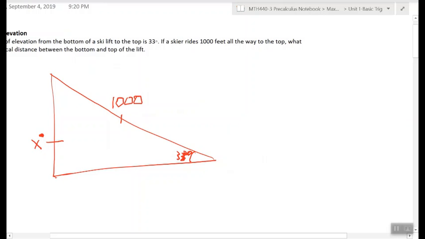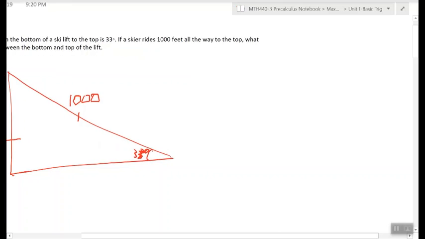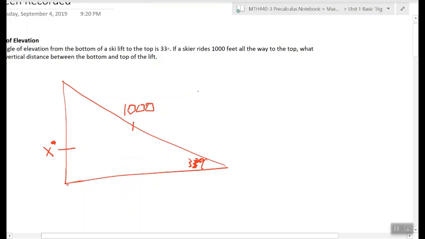Our equation is, because we want to find this, we'll go with sine. So sine of 33 equals, opposite over hypotenuse, so x over 1,000.